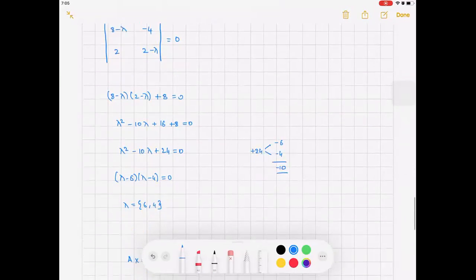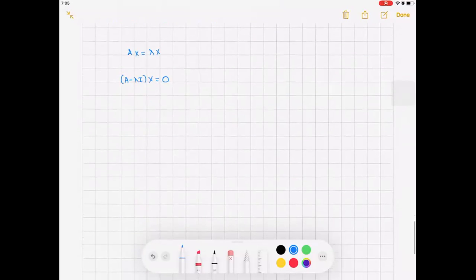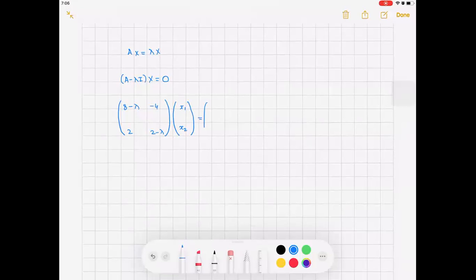So A minus lambda I is 8 minus lambda, minus 4, 2, 2 minus lambda, multiplied by x1 x2, which is equal to my null matrix, 0 and 0.